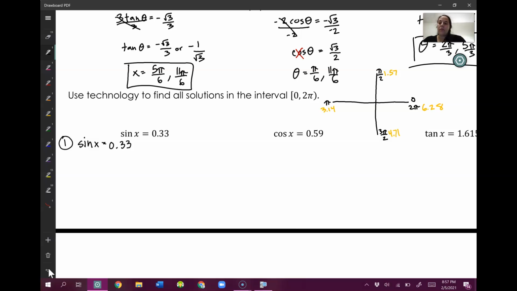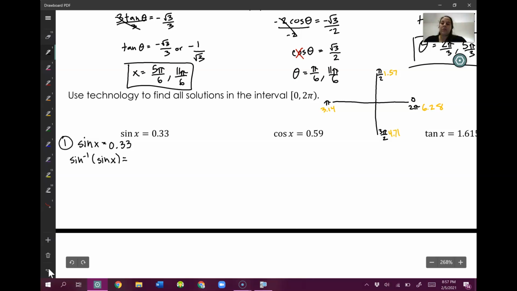So what I'm going to do is I need to get rid of this sine of x. Well, to get rid of anything, we have to do the opposite. If I want to get rid of addition, I subtract. If I want to get rid of multiplication, I divide. So I need to do the opposite of sine to get rid of it. Well, there is actually a little button on your calculator called inverse sine.